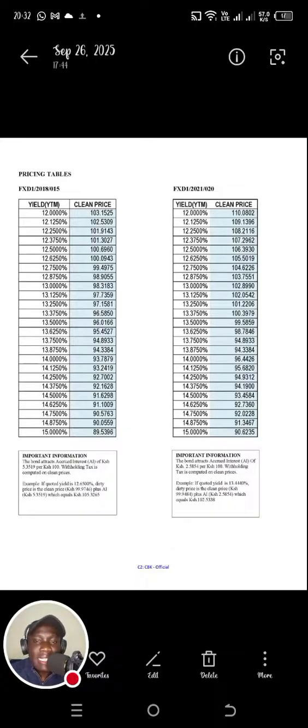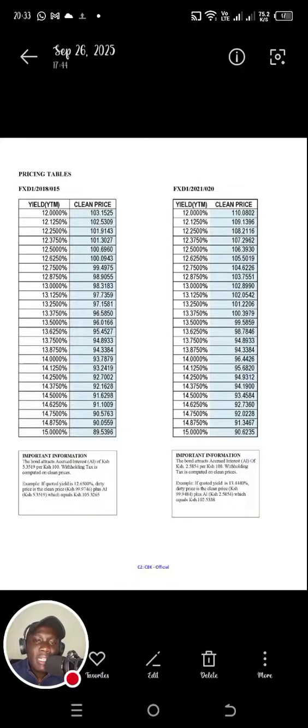You can see that as the interest goes up, the price of the bond reduces. At a yield of 12%, the price of the bond is 103.1525. What that 103 means is that every unit of that bond will be sold at 103. So if I bid 100,000, what I'll pay to the Central Bank of Kenya is 103,000.